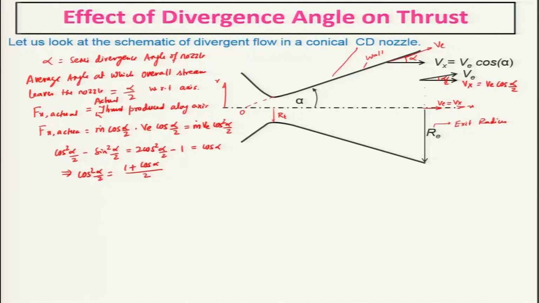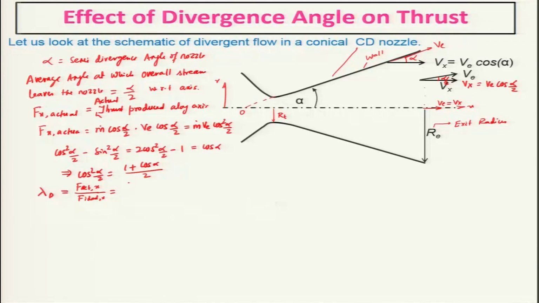Let us define a divergence factor, or divergence correction coefficient, lambda d, that is basically the actual thrust along the axial direction divided by the ideal along the x direction.